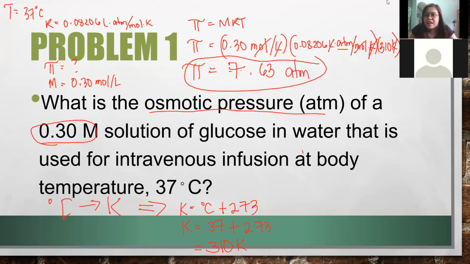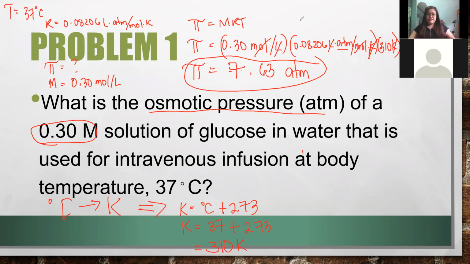This is the correct answer. 7.63 ATM. Questions, class, sa problem number 1? Wala?